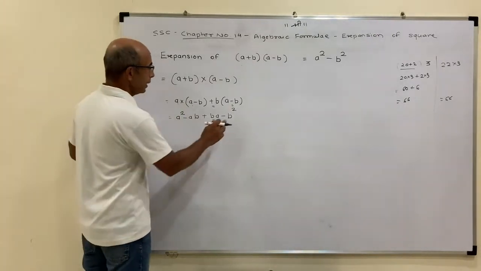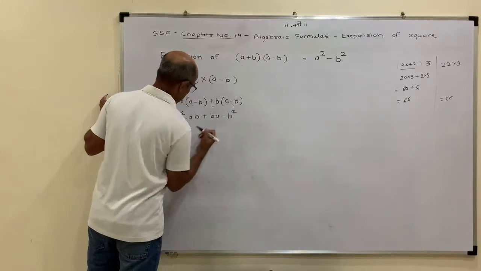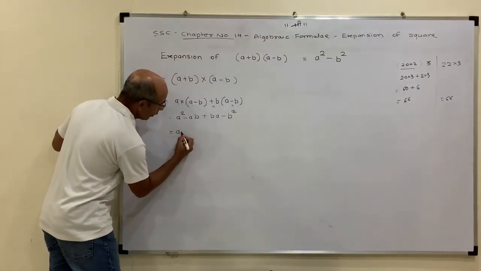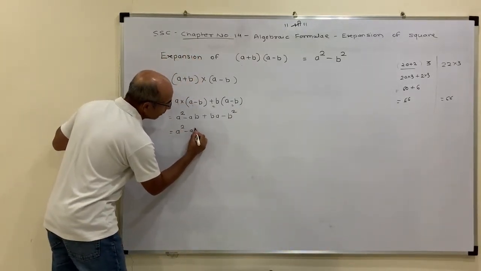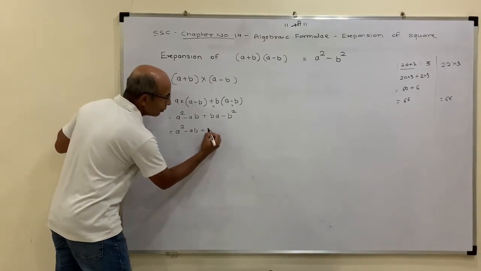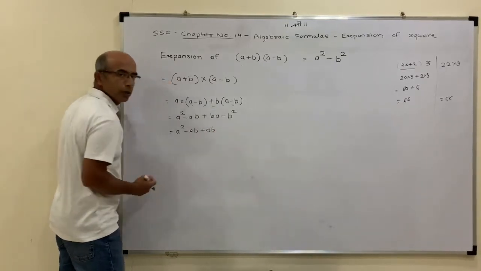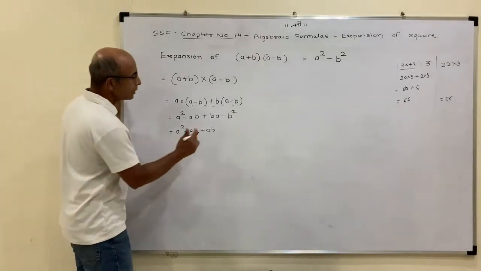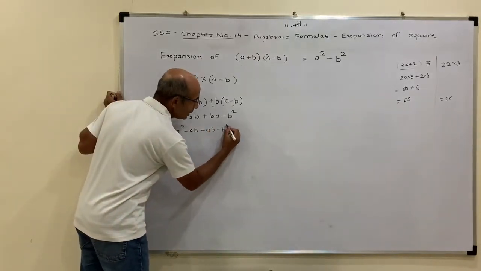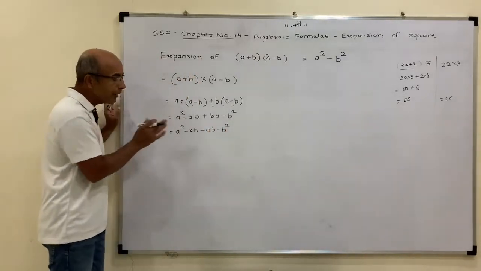So now this is minus b square. Now a square minus ab plus ba, and ba is equal to ab. I am precisely simplifying with each step.